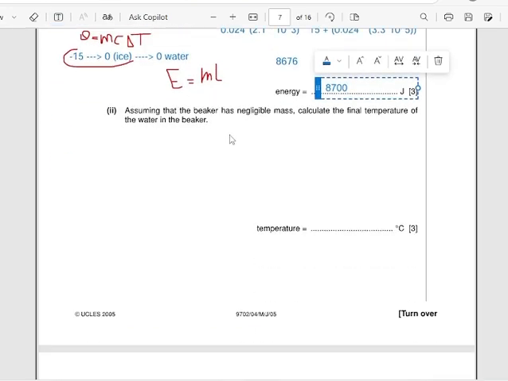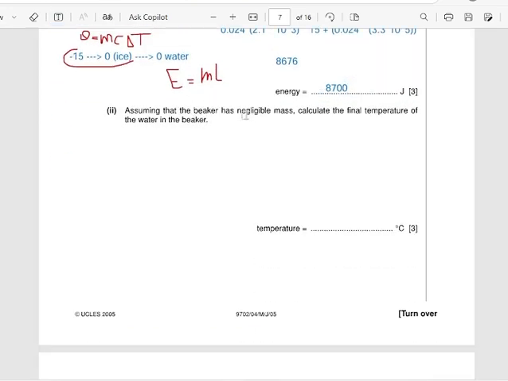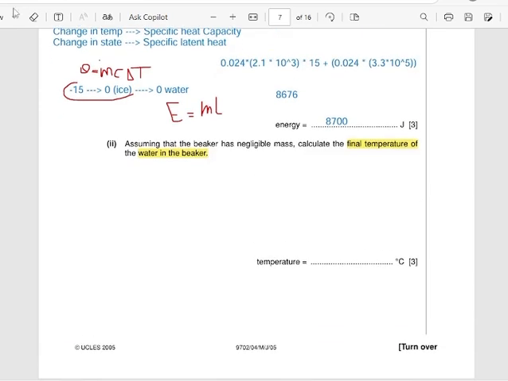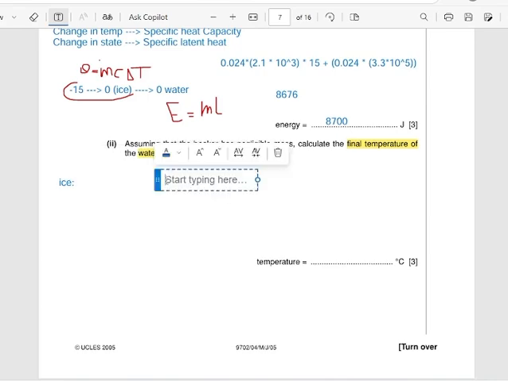The second part says, assuming that the beaker has negligible mass, calculate the final temperature of the water in the beaker. In order to make it easy for ourselves, we're going to write ice here, and then water here.